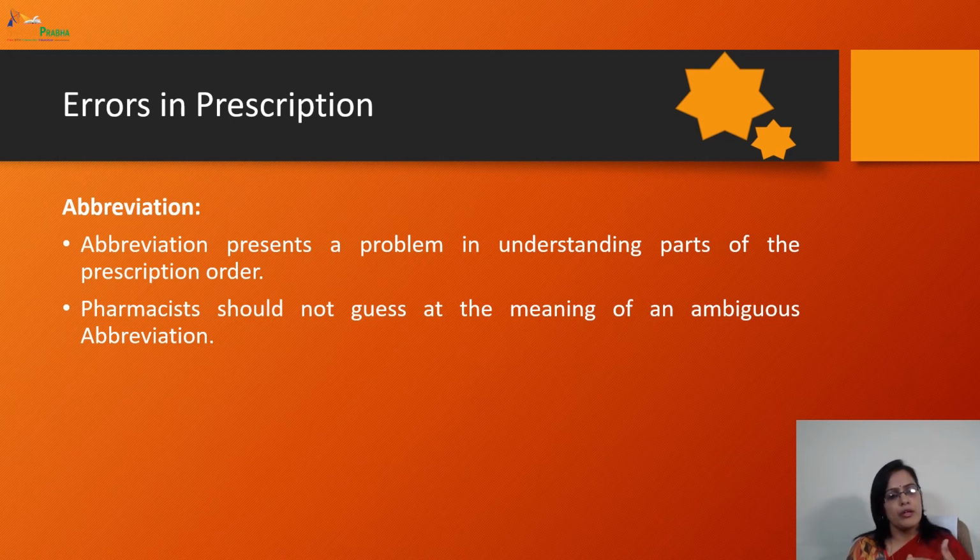It might be possible sometimes that the pharmacist is not getting the abbreviations. So care should be taken that if he or she is unaware of an abbreviation, they should refer to the details of that abbreviation before dispensing. Extreme care should be taken by the pharmacist in interpreting what exactly it means.